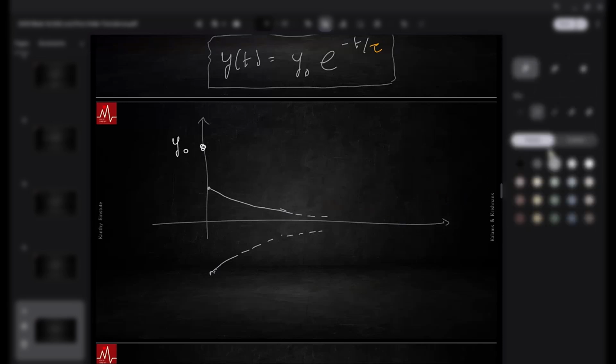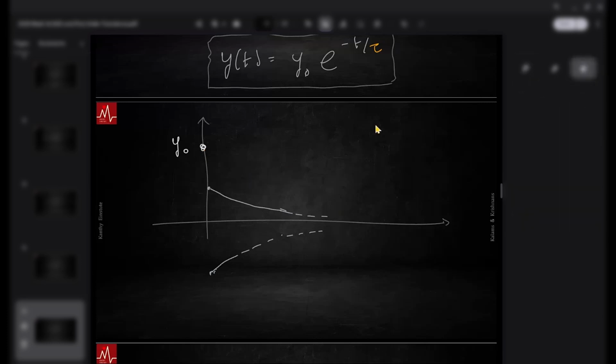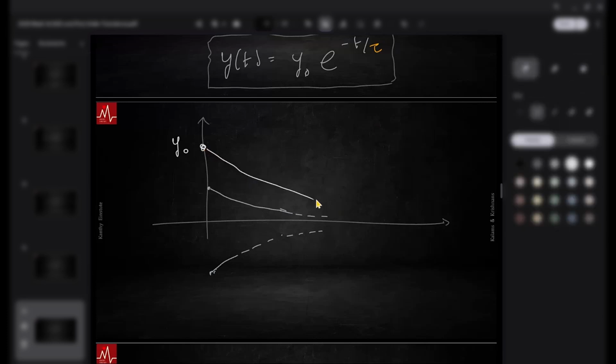That is point number 1. As t tends to infinity, your y(t) tends to 0.